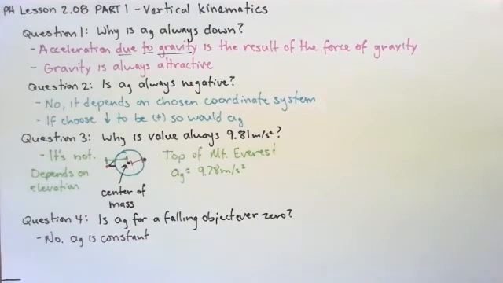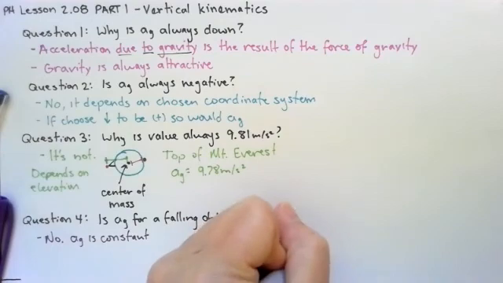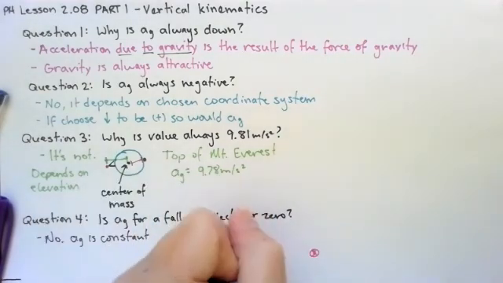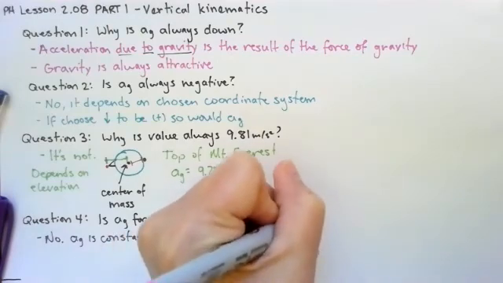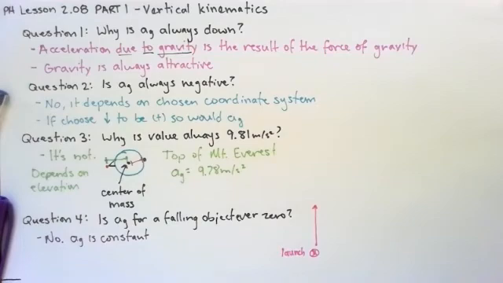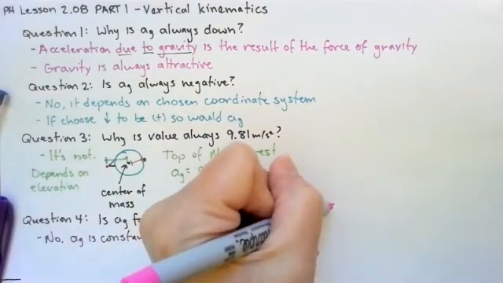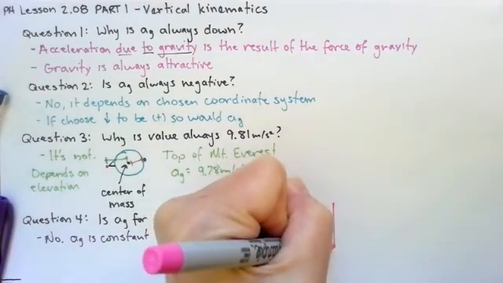It doesn't change. What you're going to be tempted to do, so let me sketch out an object that's being tossed up. If we have a ball, make it a baseball, and we're going to launch it straight up, it's going to travel up, and then it is going to return.